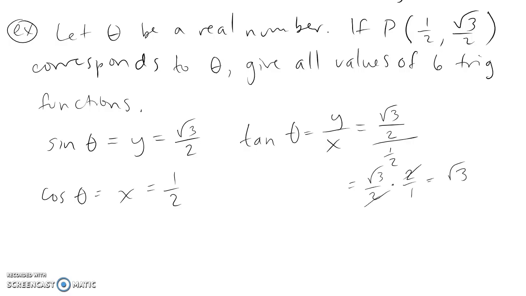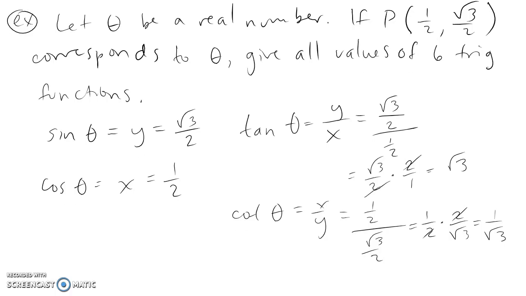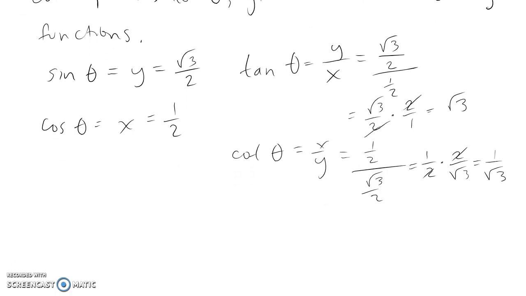Yeah. The cotangent of theta is x over y. This time we're going to put 1/2 over the square root of 3 over 2. That's the same thing as 1/2 times 2 over root 3, which is 1 over the square root of 3. Now we're not going to leave that radical in the denominator.